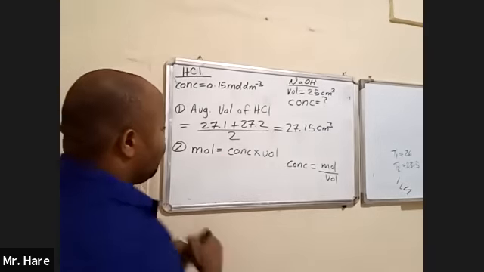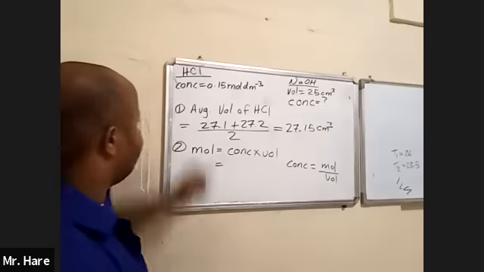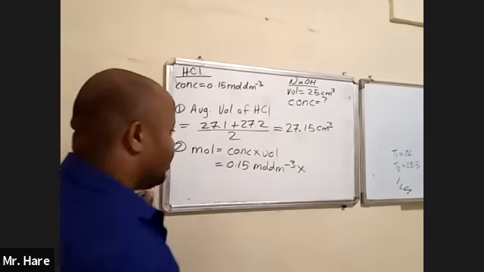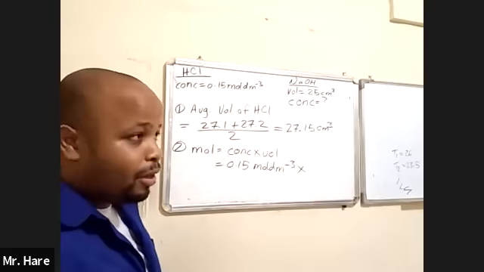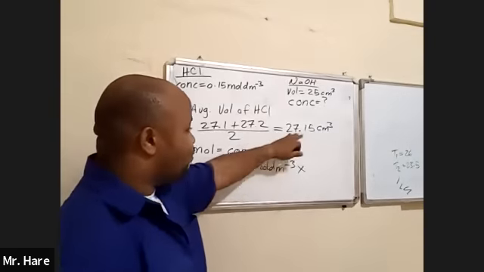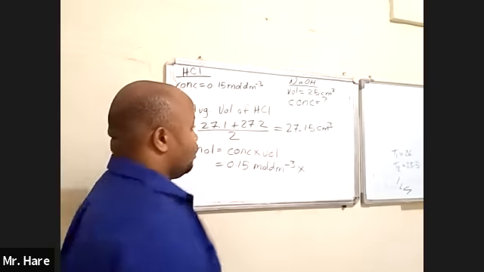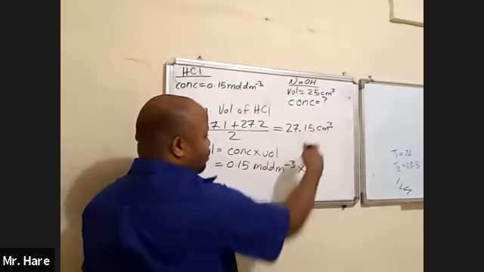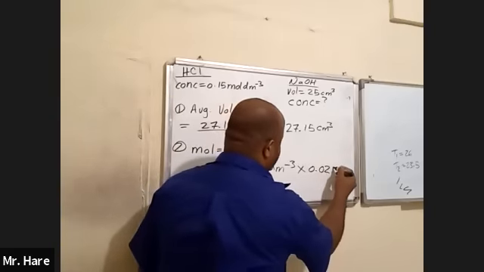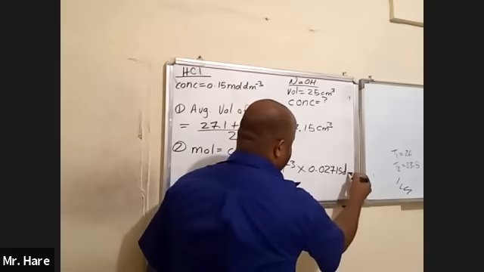So the mole here would have been the concentration, which is 0.15 moles per dm cube, times the volume in dm cube. I know some of you might divide by 1000 cm cube, but when I'm teaching, I just convert the volume to dm cube. So 27.15 cm cube to dm cube would be 0.02715 dm cube.